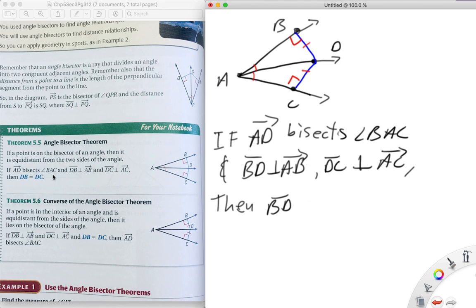Notice when we're dealing with the angle bisector theorem, it doesn't say that BD is congruent to DC. BD is equal to DC. So we're dealing with equality, not congruency with the angle bisector theorem.